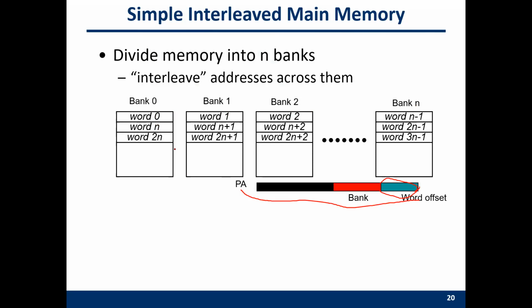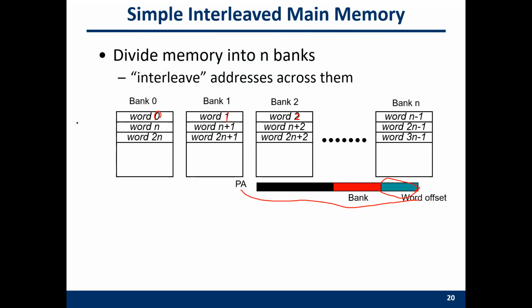Consecutive words are actually in different banks. In this way, you can take advantage of the spatial locality, and you can also take advantage of parallelism. For example, from the spatial locality perspective, in one request, you prefer to read this word and this word. You can read them from different banks. Different banks can independently serve you, so you have very good parallelism.